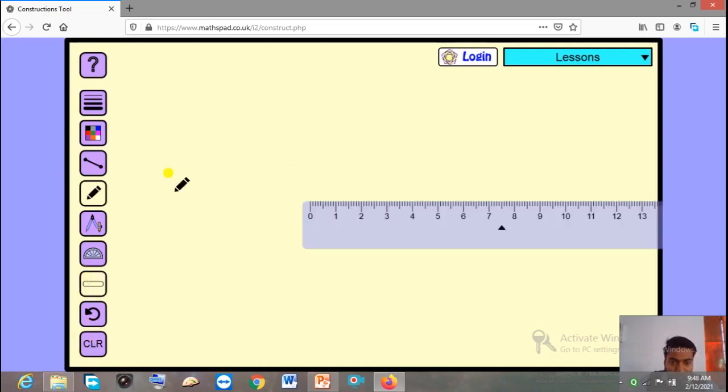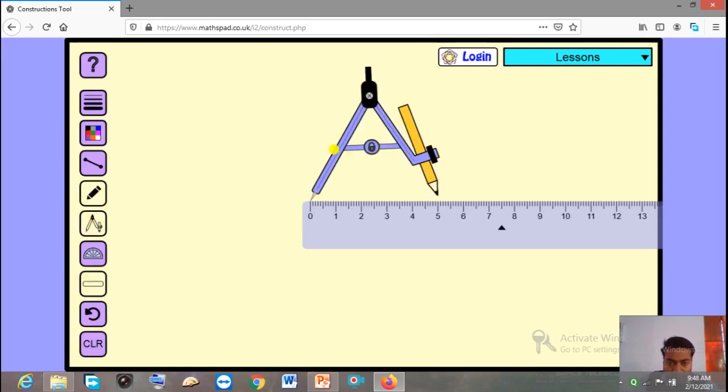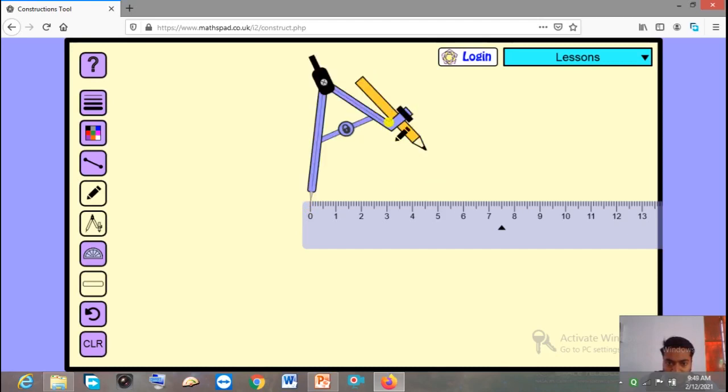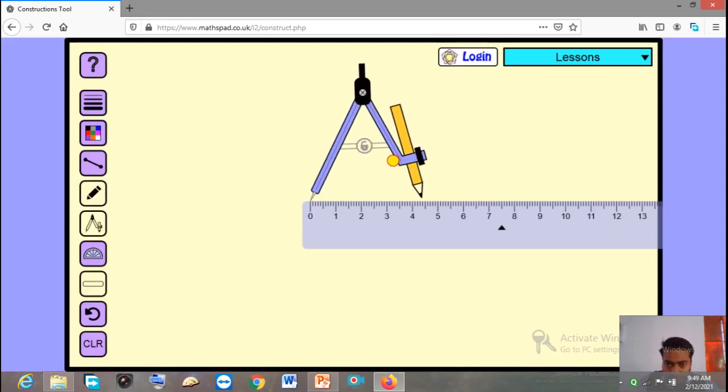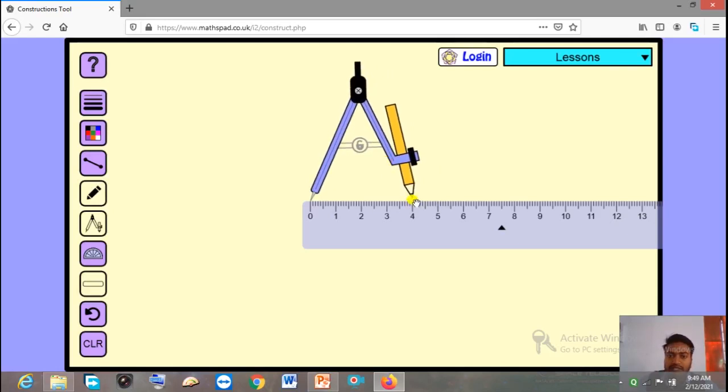First take the scale, then the compass, then fix the metal arm on the fixed point, then stretch according to the radius. We have the radius now as 4 centimeter. Now you can see the pencil arm.